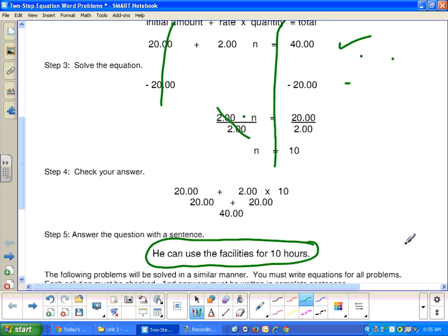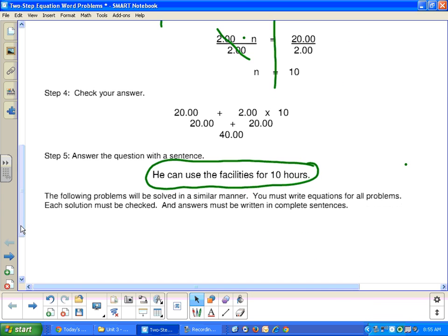It'll ask you to do whatever it is, and your answer choices will be in the form of a sentence. You've got to pick out and know what you were finding, because it can have 10 in every choice, A, B, C, D. But is it 10 hours, 10 months, $10, 10 people? So you need to know what you're finding. It's not just the number, it's also the particular item that you're using.